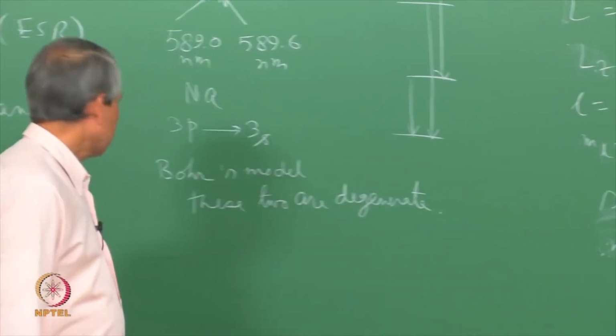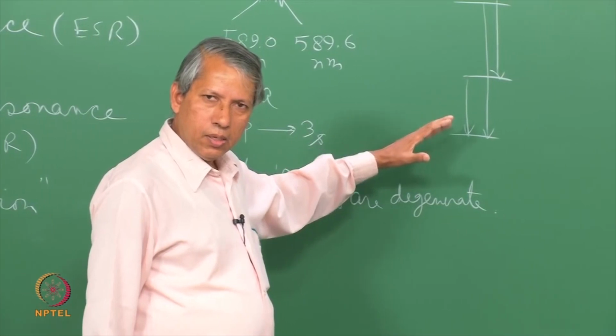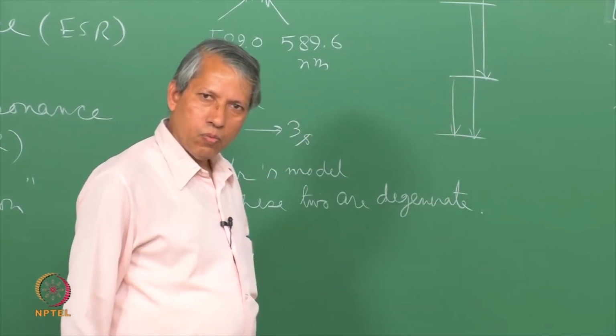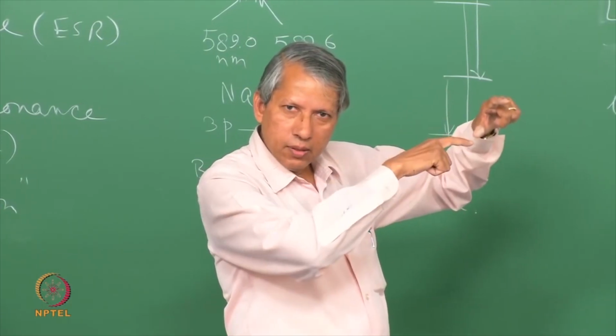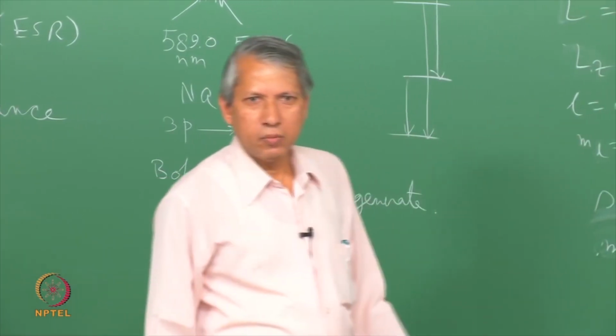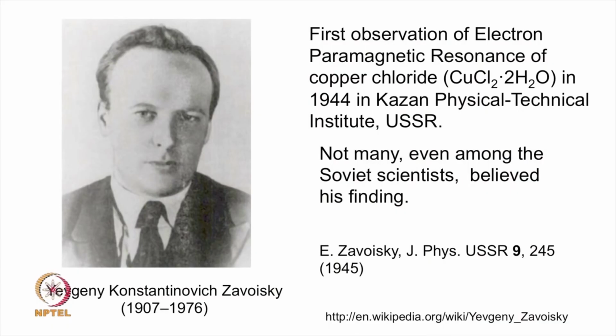Anyhow, coming back to spectroscopy, Zeeman showed the splitting of energy levels. Now, if the energy levels are split, one can look at the transition among the split lines, and that is nothing but the electron paramagnetic resonance spectroscopy. So, this was first observed by the Russian scientist Zavoisky in 1944 in cupric chloride.